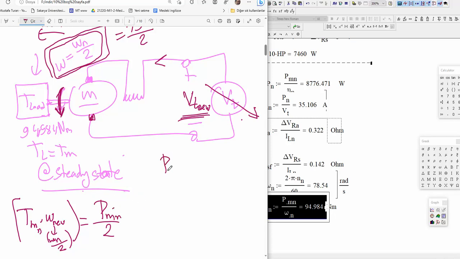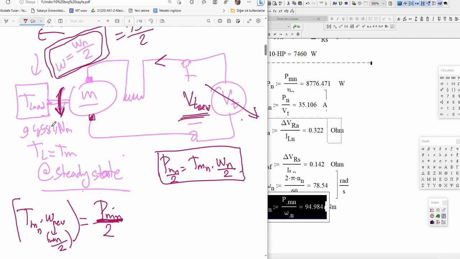Remember, full mechanical power can be calculated as the mechanical rated torque times the rated speed. That is the mechanical output. In the new case, since you have dropped speed to half value, this has half the output power.